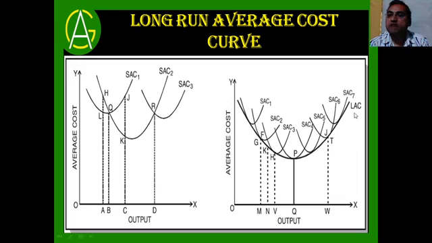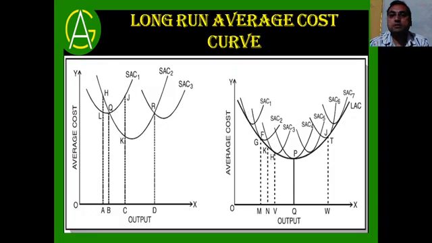Why is it envelope? Because it envelopes the short run cost curves. Means all the short run cost curves are enveloped by long run cost curve. That is why it is known as envelope curve.